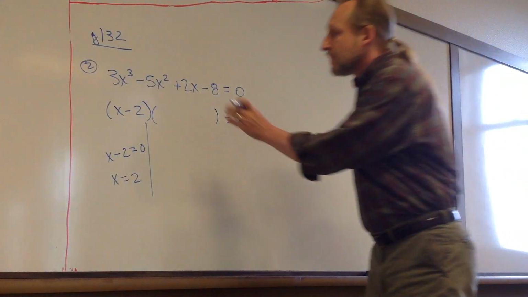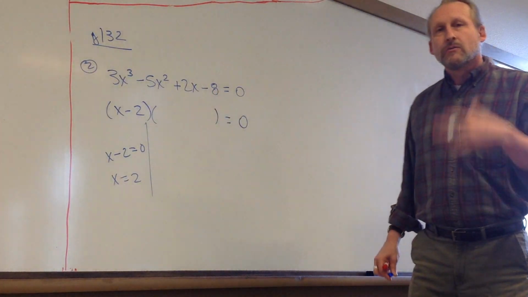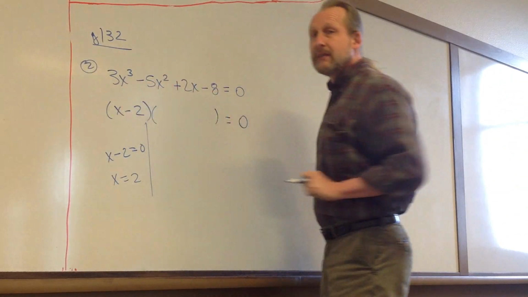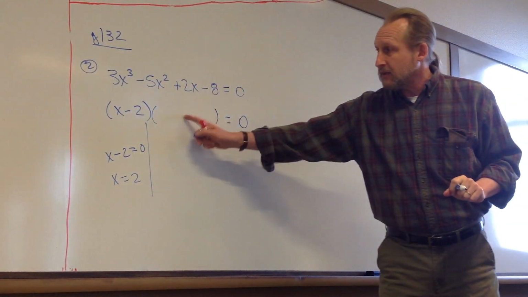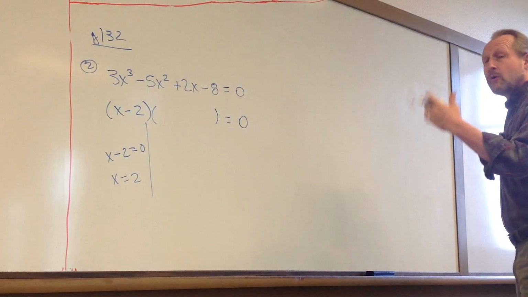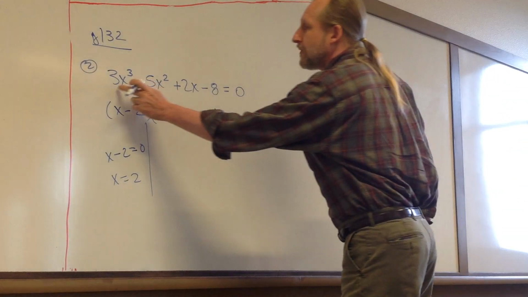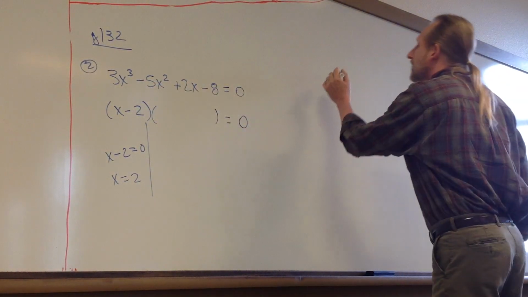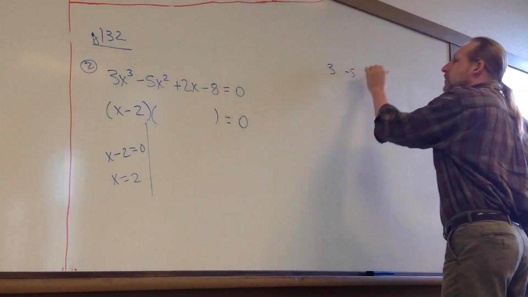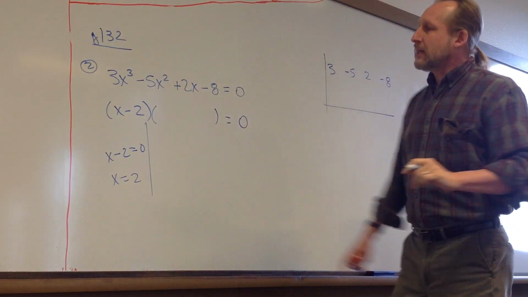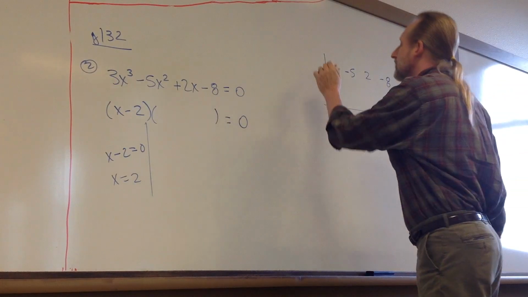Now, to find this missing factor, what we have to do is divide this polynomial by this factor right here, and that'll tell us the missing piece. So that's why we have the synthetic division. So let's take our coefficients here, 3, minus 5, 2 and minus 8, and we're going to do the synthetic division with a positive 2.